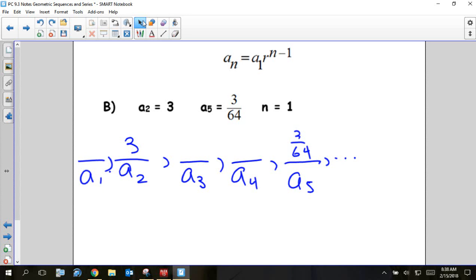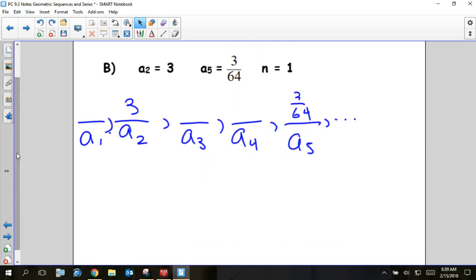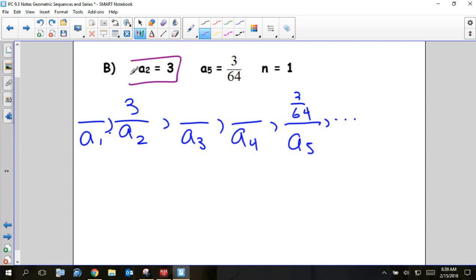All right, so for this, I'm gonna take up a little bit of space. If you haven't written anything, I'm gonna take up just a bit of space. So if you are a big writer, just write smaller than normal. So what we're gonna do, since we have two values, but we don't have 2 in a row, I'm going to use the geometric sequence formula, and I'm going to plug these in twice, separately.